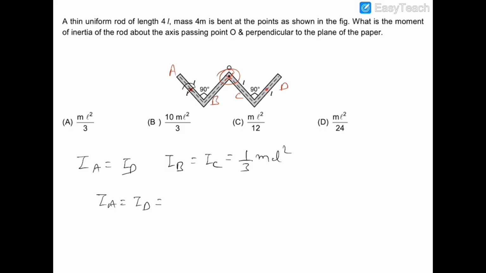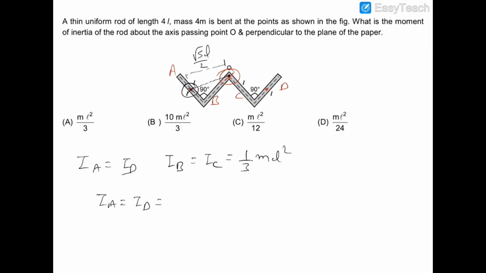We know that this axis is perpendicular to the rod and it is passing through the center of mass, and this axis is at a distance of, this distance is root 5L by 2. You can find out this distance by using the Pythagoras theorem, that this is L and this is L by 2. So this distance would be root 5L by 2.